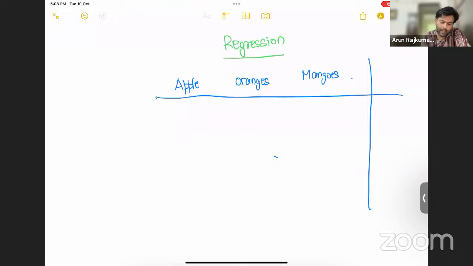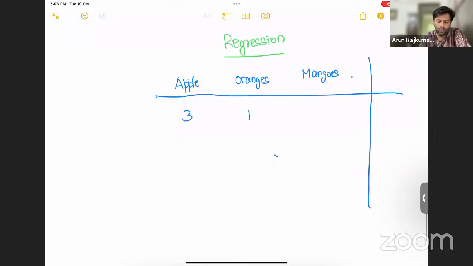On the first day, let's say you bought 3 apples, 1 orange, and 2 mangoes, and the bill amount came out to be 40 rupees. So you paid 40 rupees and came back.